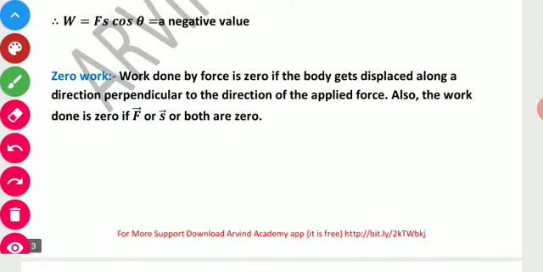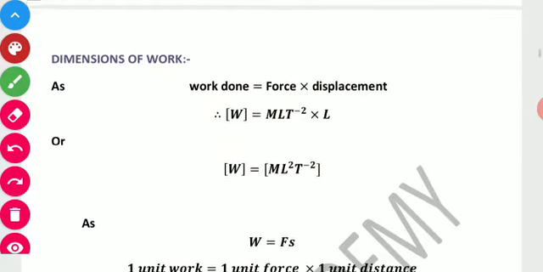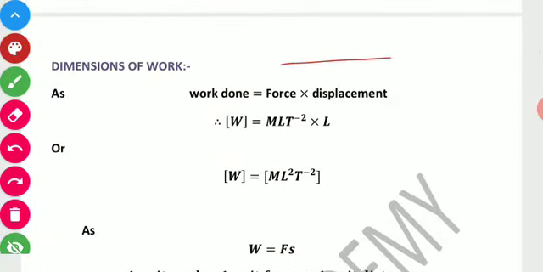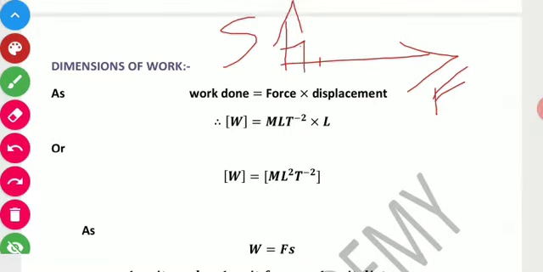Work done by a force is zero if the body gets displaced along a direction perpendicular to the direction of the applied force. For example, if the force is in this direction and displacement is in this direction, this is force and this is s, so they are perpendicular, so there will be zero work.